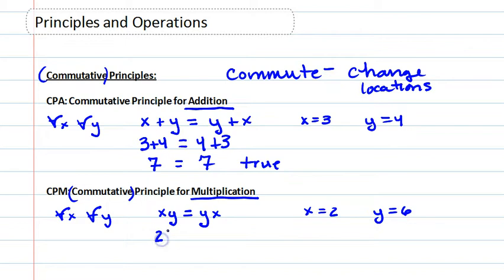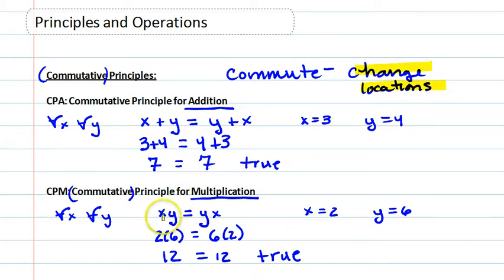So that means that 2 times 6 should be equal to 6 times 2. 12 equals 12, so this is true. And those are both commutative principles. It's all about variables and numbers changing location. So changing location. And in both of these examples, that's what happens.